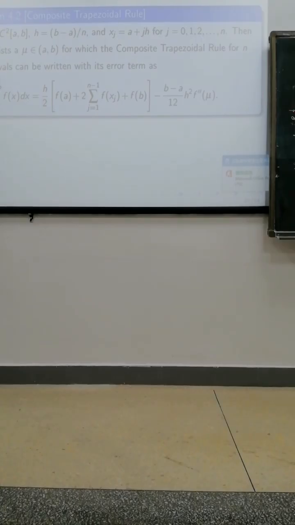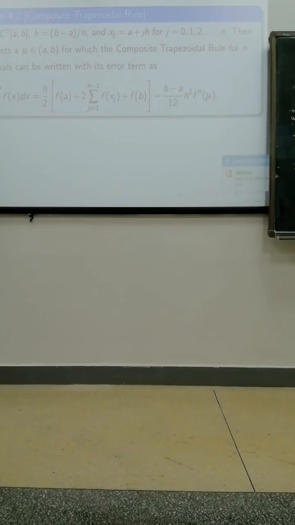But if we apply Simpson's rule in this small interval, we need 3 points: this is 1, this is 2, and this is the middle. So here we need to use h bar, which is the half space of this small interval, over 3.